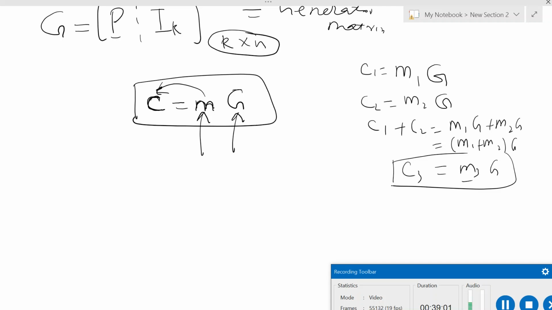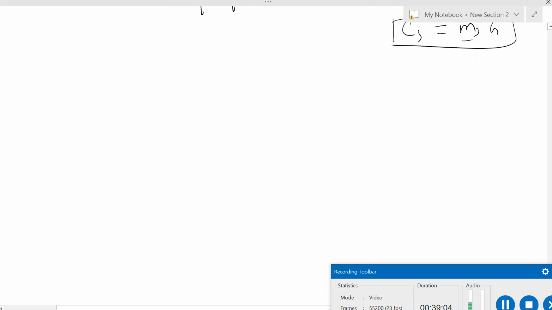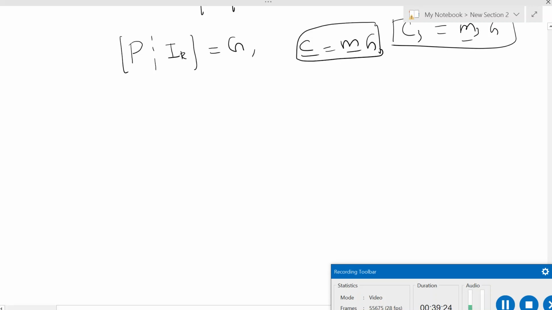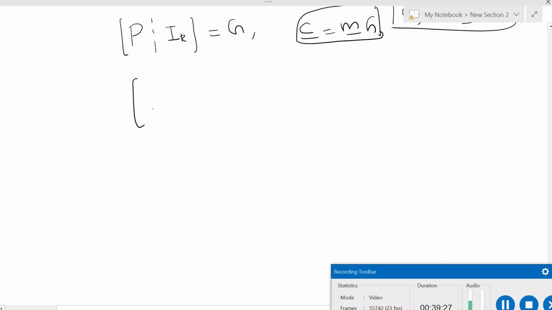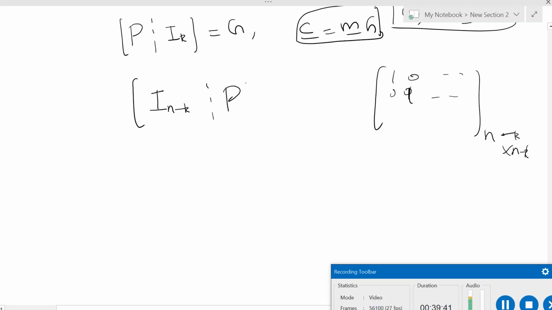There is another way of combining the matrices. We combined this P with Ik, we got a G, and this G is a matrix by which you can generate the code words by simply multiplying the message bits. Now if you first write I of n minus k, which is again an identity matrix with n minus k rows and n minus k columns, and then you take P transpose.